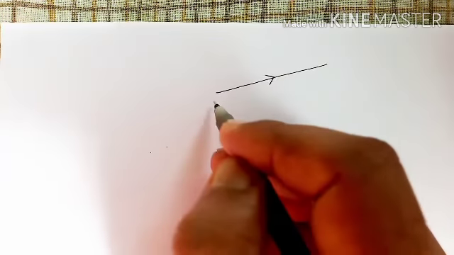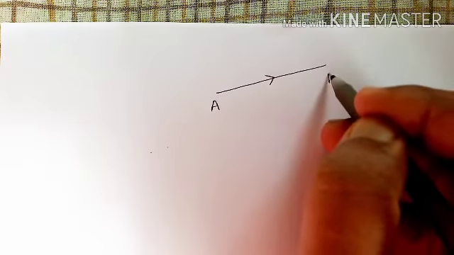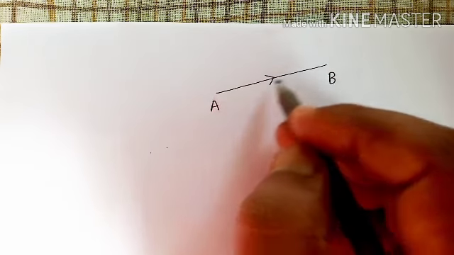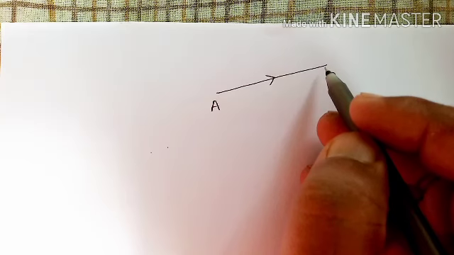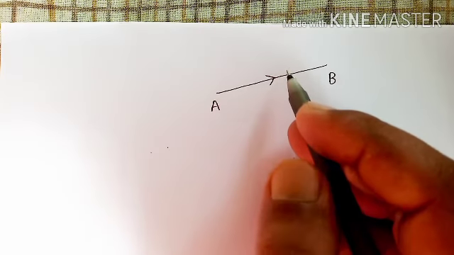Here you can see line segment AB, which has a magnitude, means it has length, fixed length, and it has a direction.